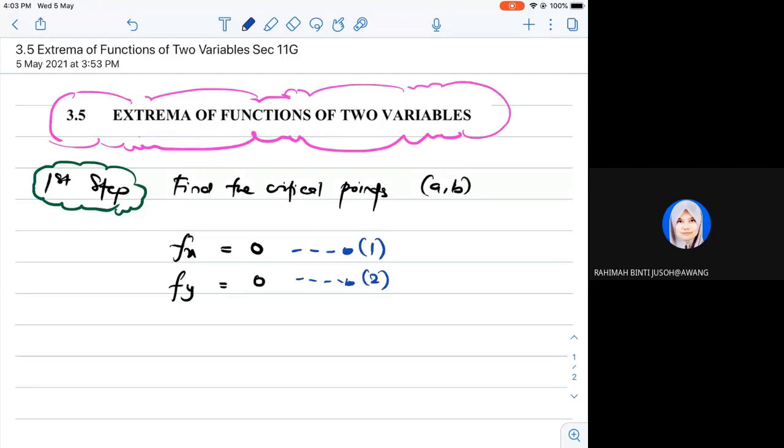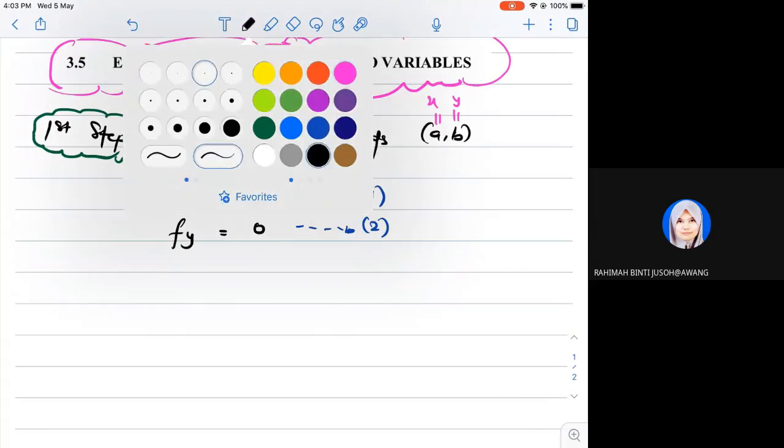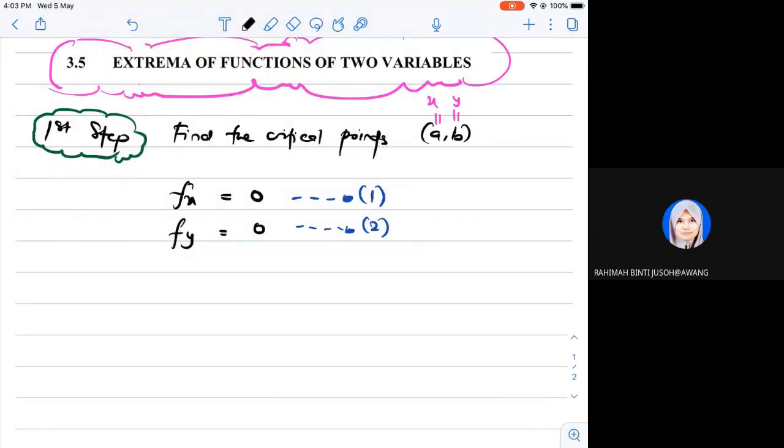What are a and b? Actually, a and b are the coordinates x and y. So we want to find the values of x and y. How do we find them from these two equations? You have to solve equation 1 and equation 2 simultaneously so that you can get the values of x and y.